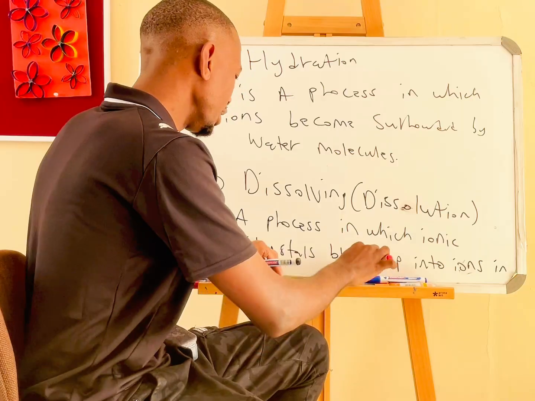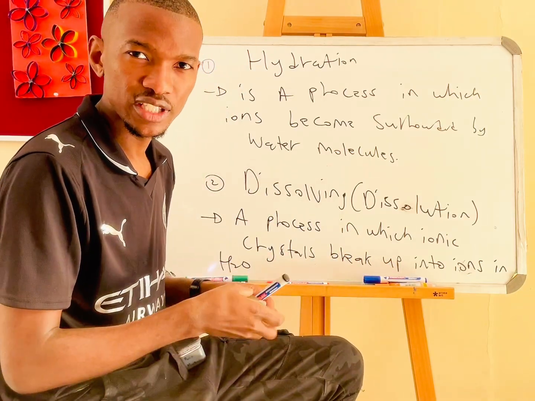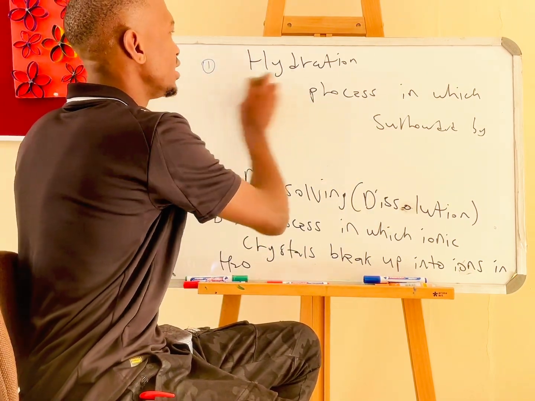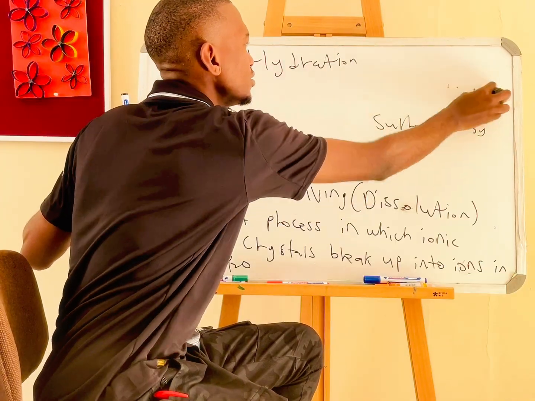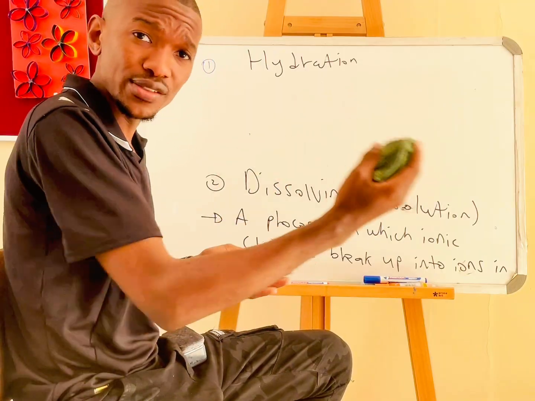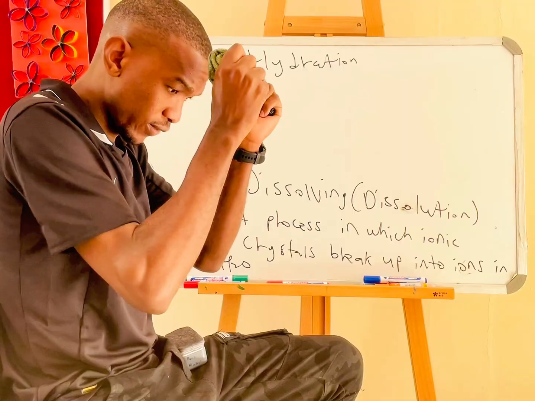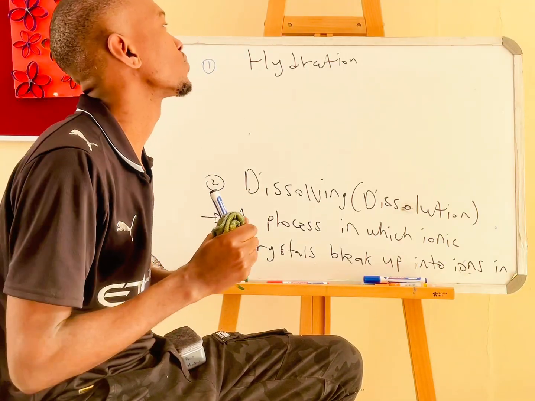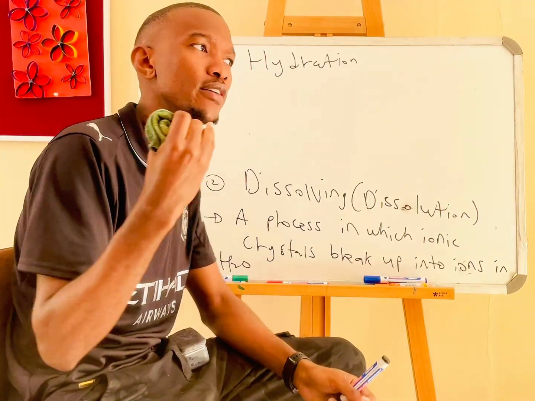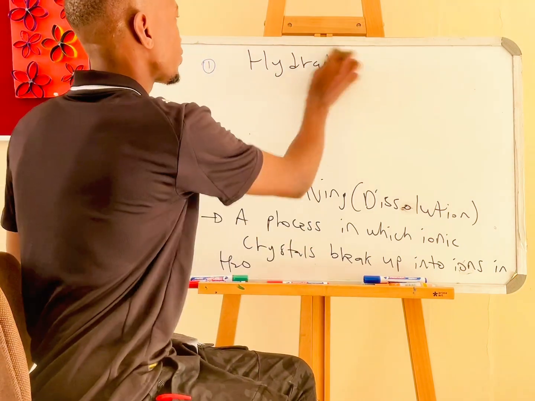If you did chemical bonding, you will remember that a chemical bond is formed when two or more atoms share electrons, or there's a transfer of electrons, and those atoms are held by forces of attraction. We have three types of chemical bonding: ionic bonding, covalent bonding, and metallic bonding.